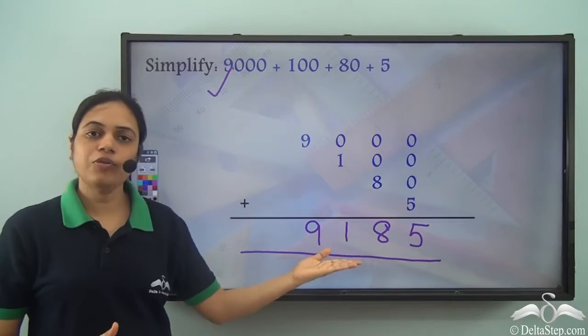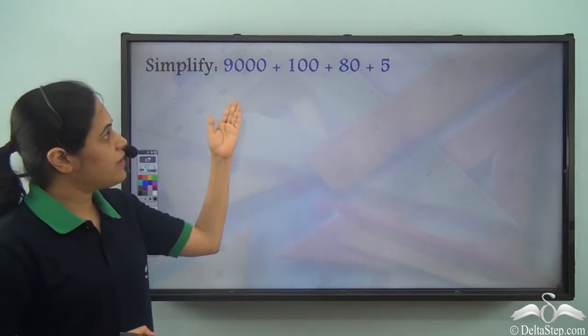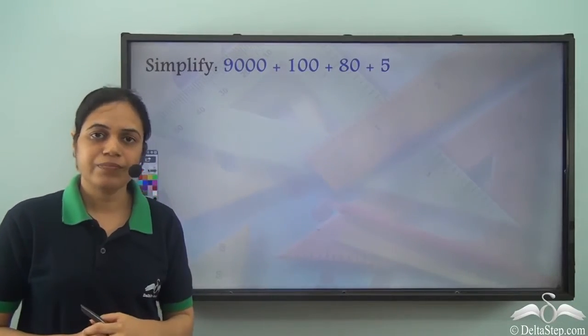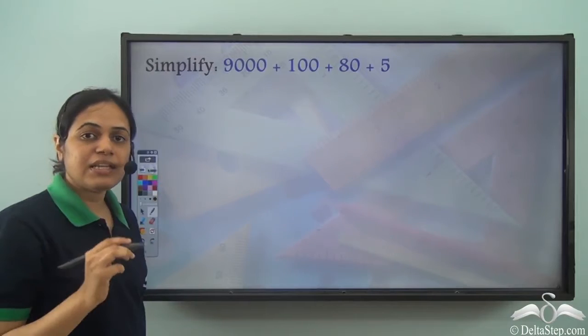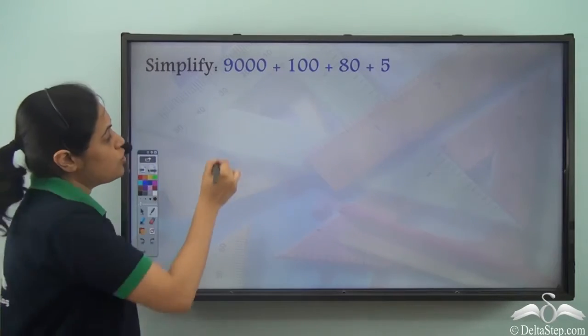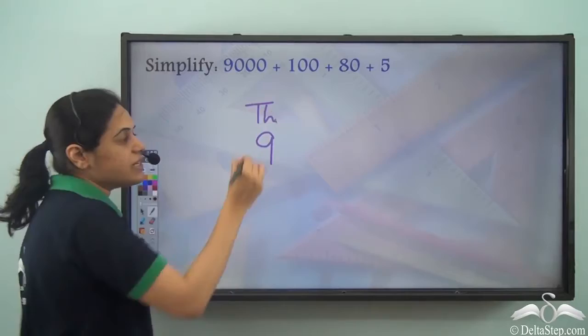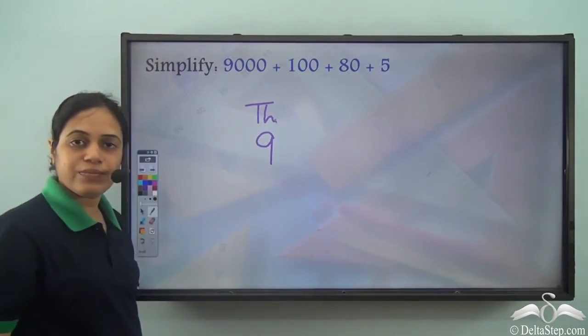But even without adding, we can get this number. How? So I have 9000, 100, 80 and 5. So 9000 means there are 9 thousands. So 9 is in the thousands place. Now next I have 100.